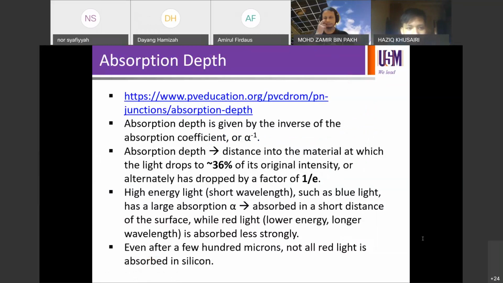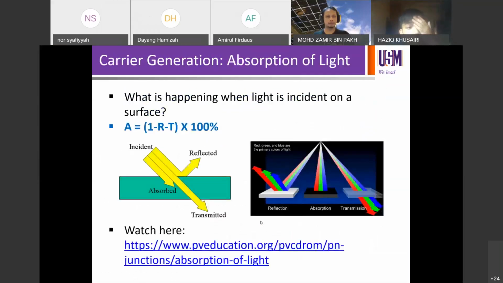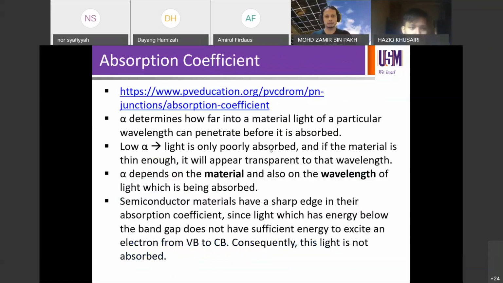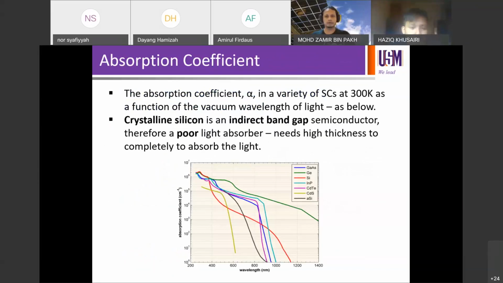Okay, last Monday we discussed absorption of light and also absorption coefficient, right? So we have seen different levels of absorption coefficient, which affects the light absorption capability of a semiconductor material.